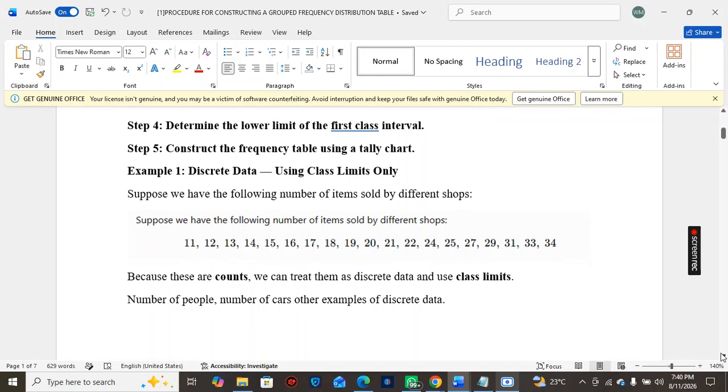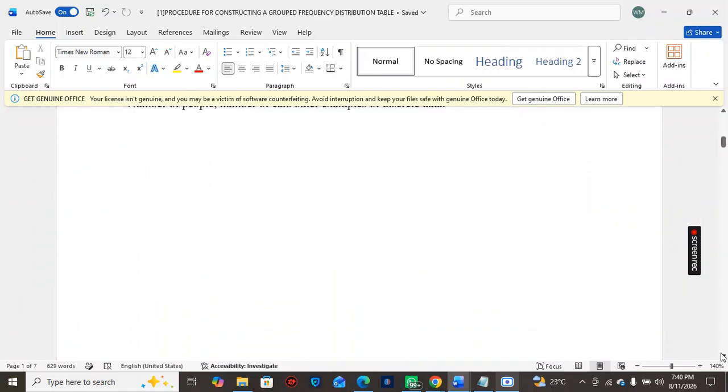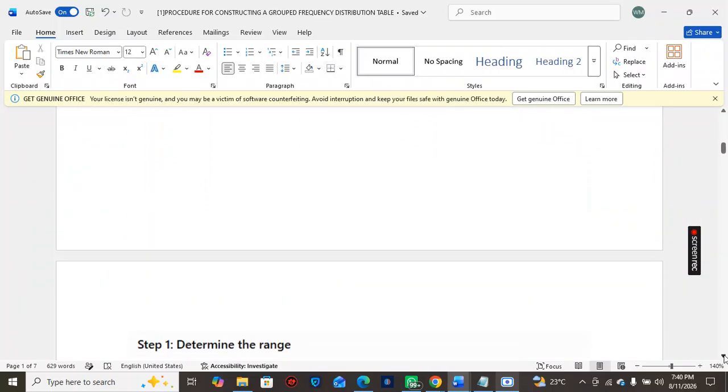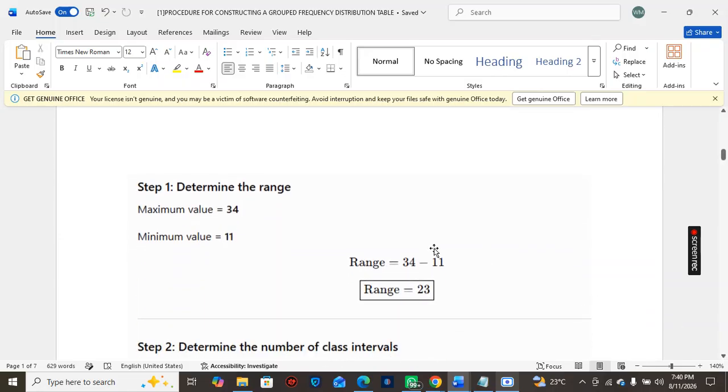So the maximum value is 34, the minimum value is 11. 34 minus 11 is 23. Our range is 23. That is the first step.